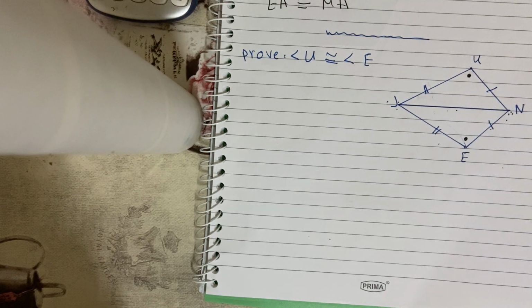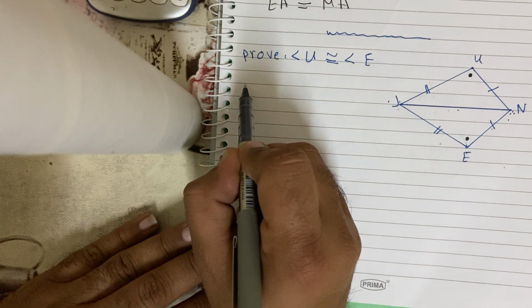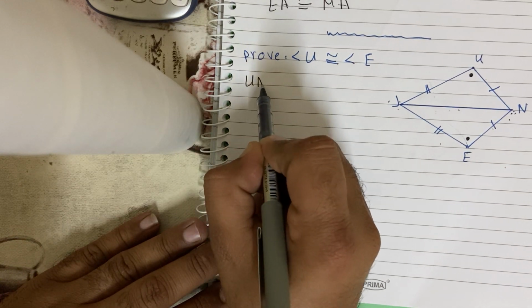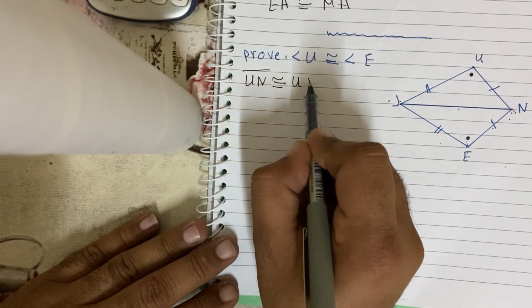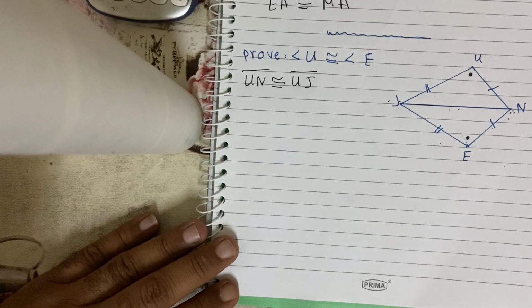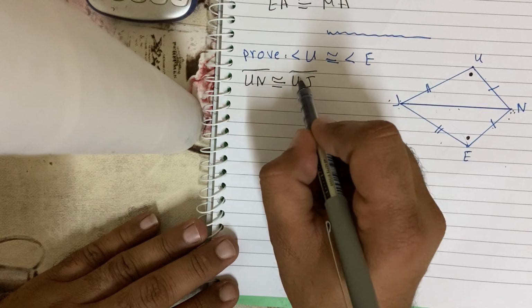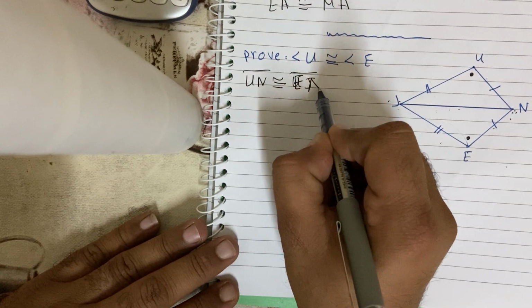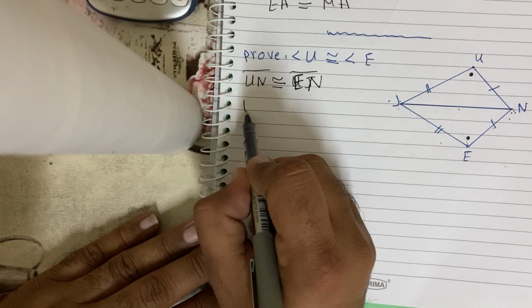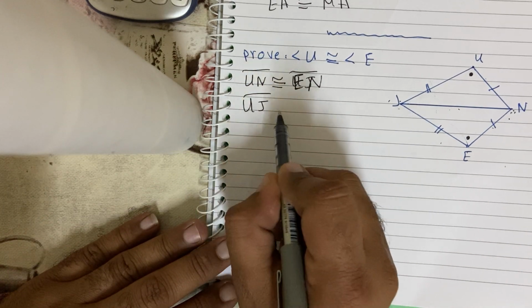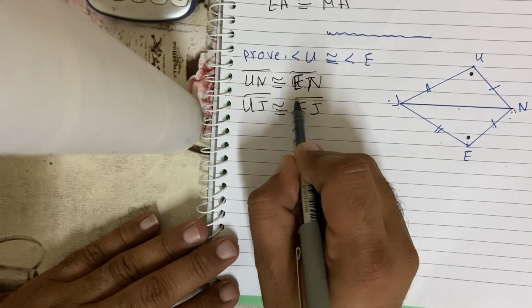Let's write our conditions. First, we have UN is congruent to EN. And the second one, UJ is congruent to EJ.